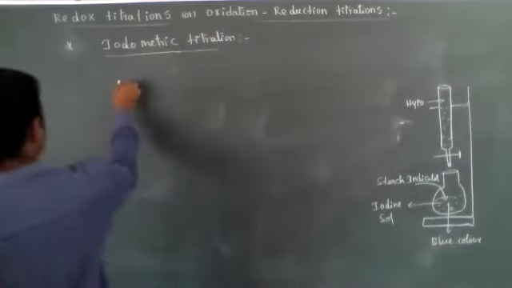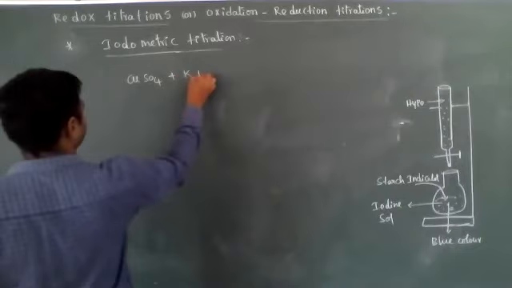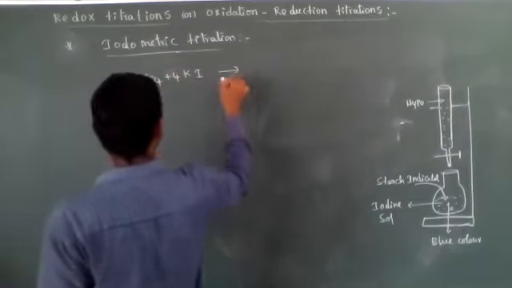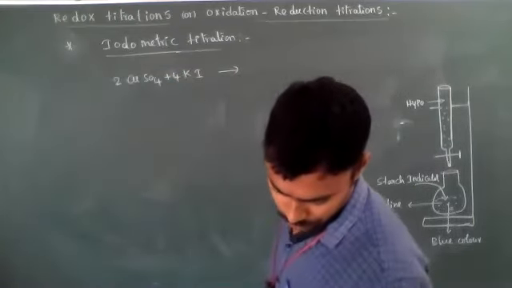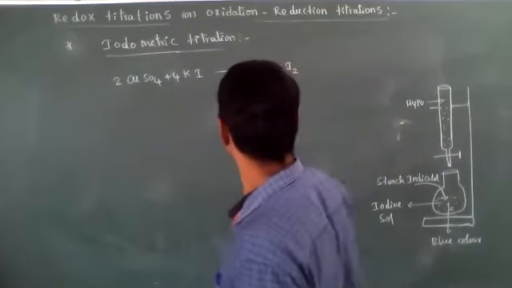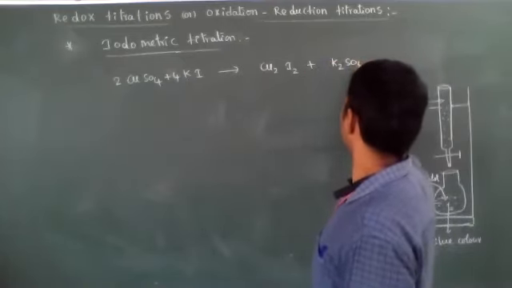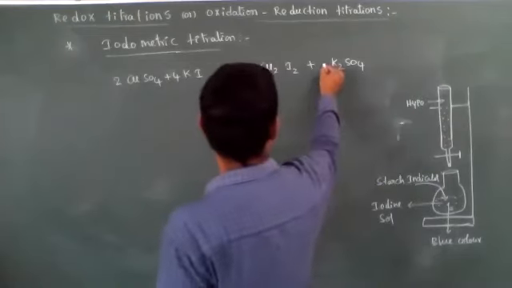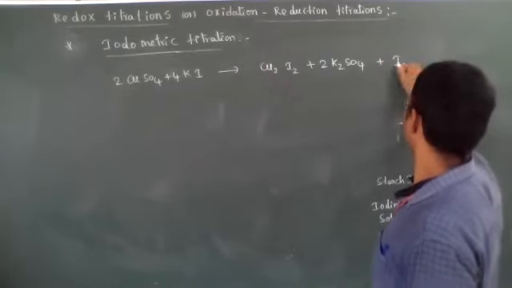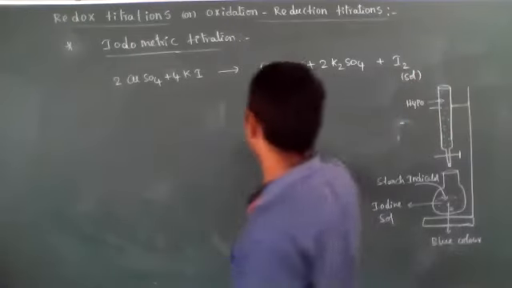For example, copper sulfate reacts with potassium iodide and forms Cu2I2, cuprous iodide, plus 2 moles of K2SO4, and releases iodine solution.